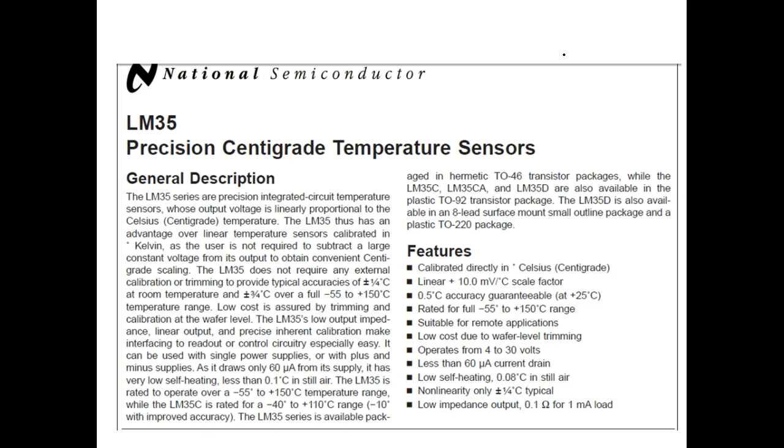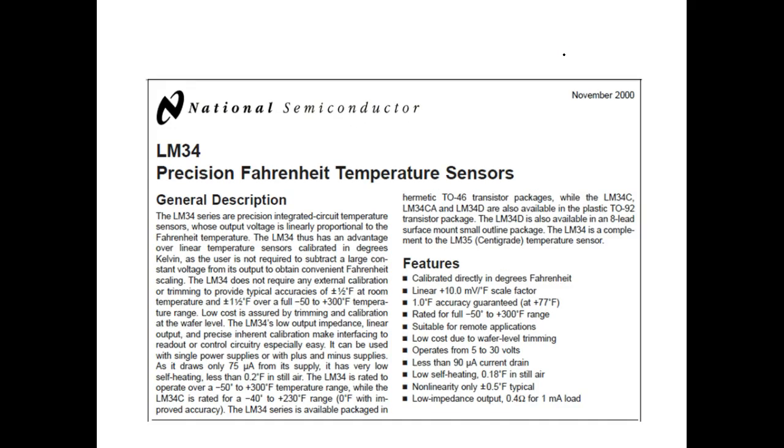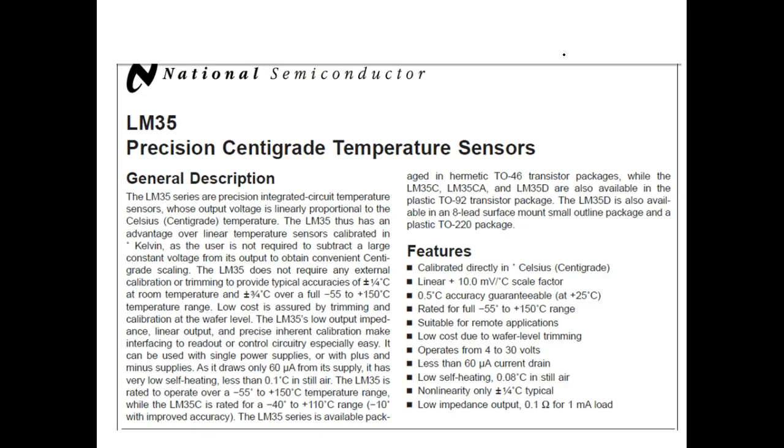So if an LM35 measures Celsius, then what would an LM34 be? Yeah, it's calibrated for Fahrenheit. So it's pretty much the same thing, but it's 10 millivolts per degree Fahrenheit. The other one was 10 millivolts per degree centigrade.